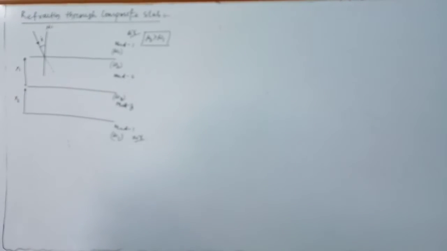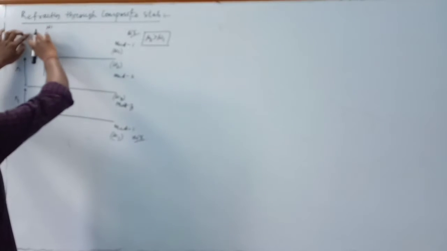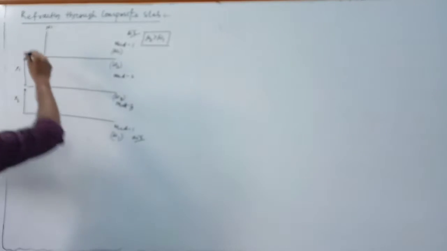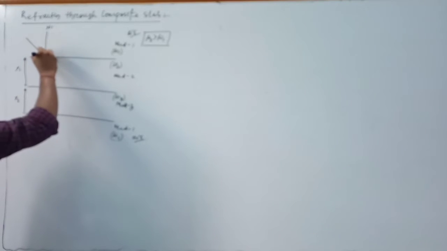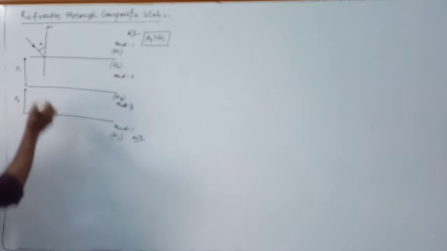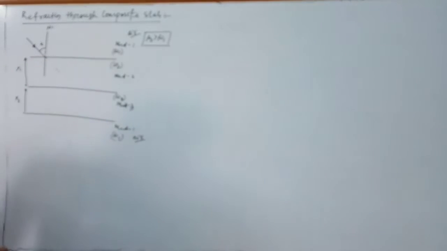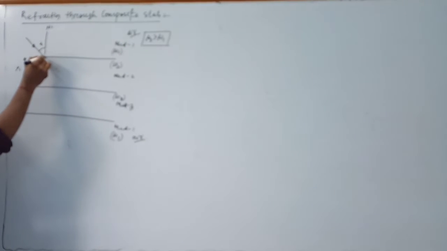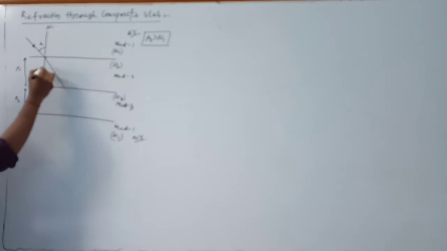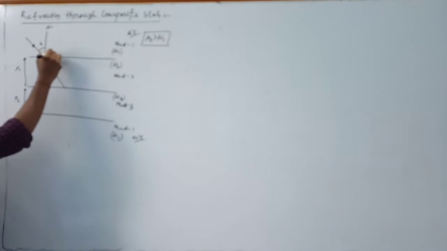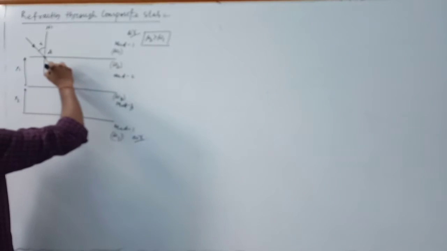We already know that when a ray travels from rarer to denser medium, it bends towards the normal like this, and this angle is known as the angle of refraction r1. This point is suppose A, and this is the refracted ray.